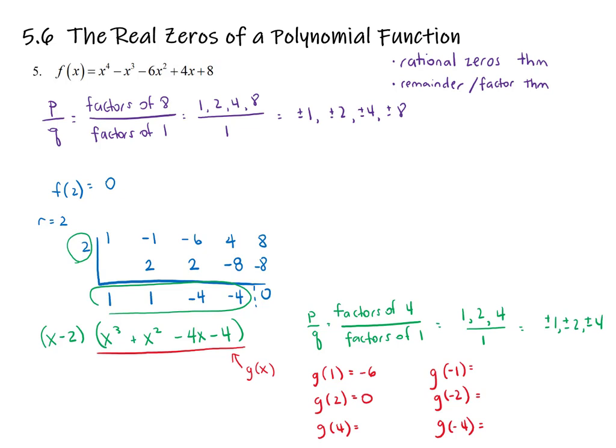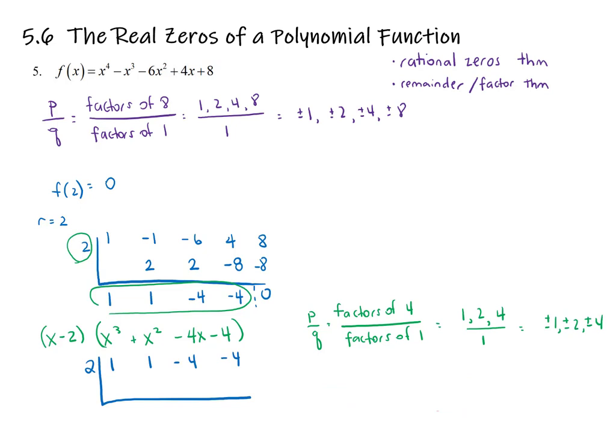Let's go ahead and do that with synthetic division. Remember, we put the real 0 on the outside, so we put the positive 2, and then we put all of the coefficients down, 1, 1, negative 4, negative 4, bringing down the 1, then multiplying by the 2, adding them together, multiplying by 2, adding them together, multiplying by 2, adding them together.